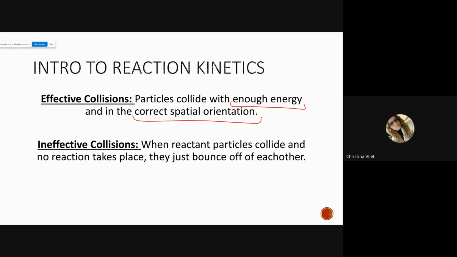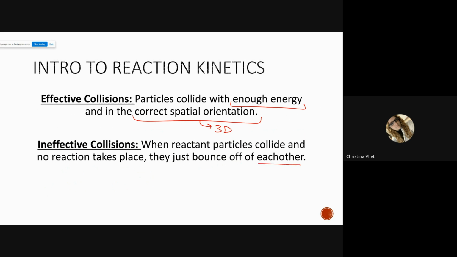So spatial means like 3D in space. The atoms have to be connected a certain way. An ineffective collision is one where two molecules approach each other, and when they collide, they just bounce right back off. No reaction takes place.